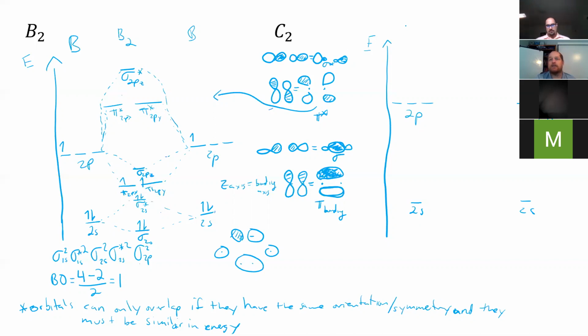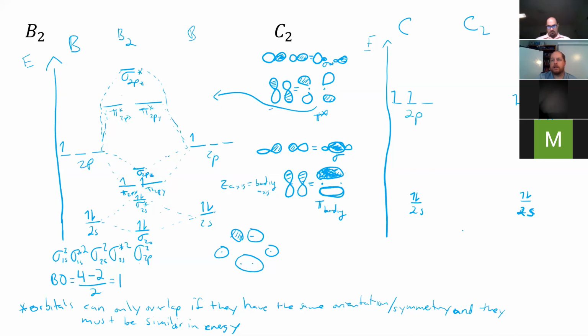Sometimes I wait till the end. It doesn't really matter what order you do it, as long as your final MO diagram comes out right. So you got a carbon atom on the left, a carbon atom on the right, and a C2 molecule in the middle. Each carbon should have 4 valence electrons. So 1, 2, 3, 4. 1, 2, 3, 4.